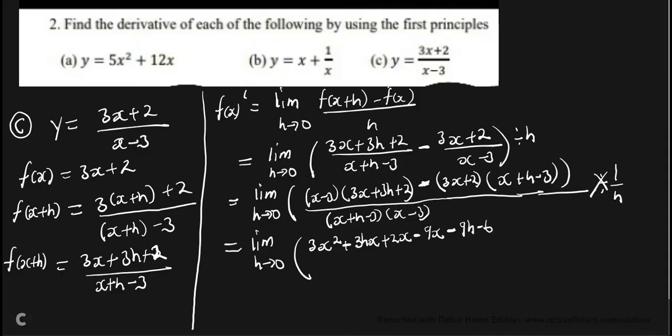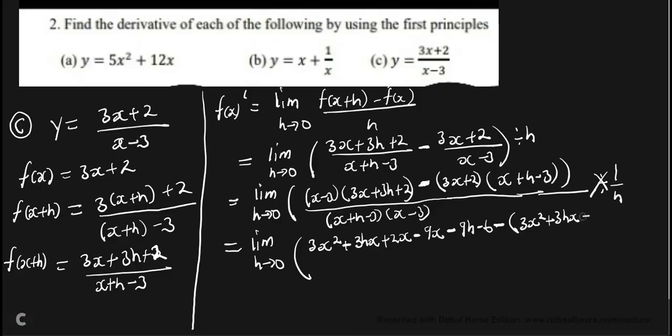Now what we'll be doing here is going out with a negative. This negative will be multiplying with everything, so negative, open brackets. 3x times x is 3x squared. Then 3x times h is 3hx.